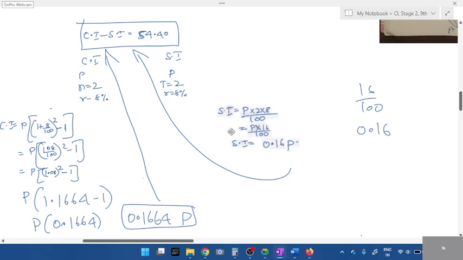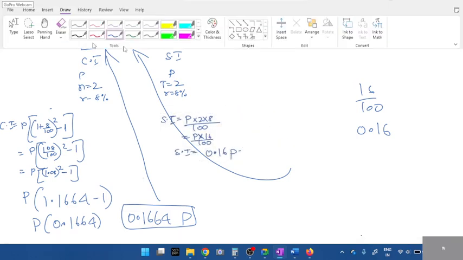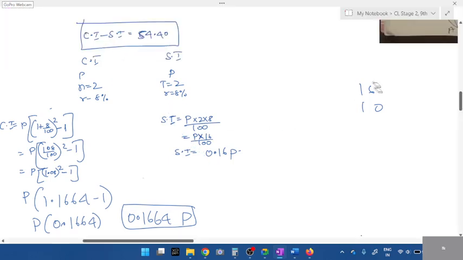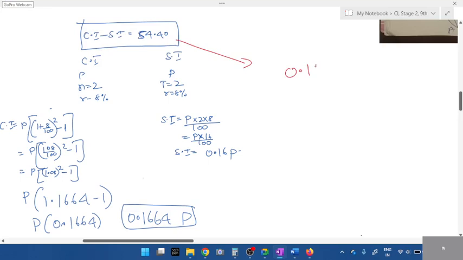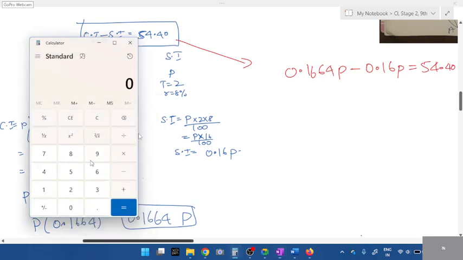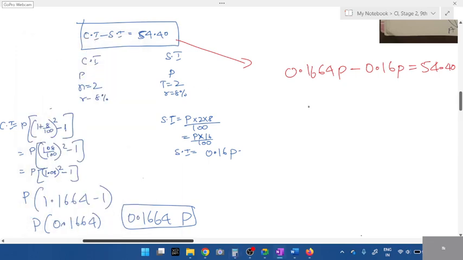Okay, okay, let me substitute. Let's take the equation. Just keep it in decimal, students. Okay, I'll do it. Minus 0.16. We are getting 0.0064.